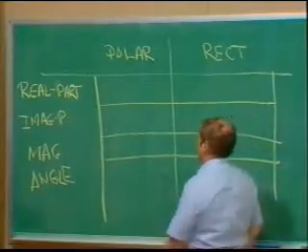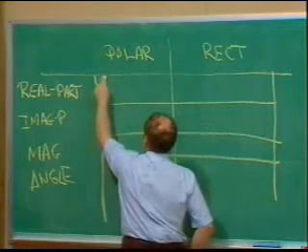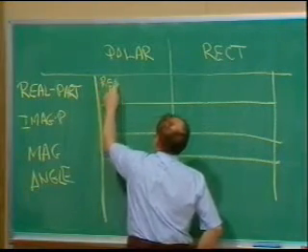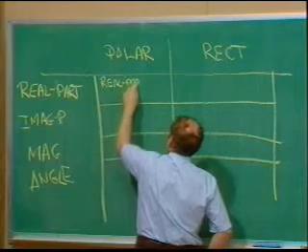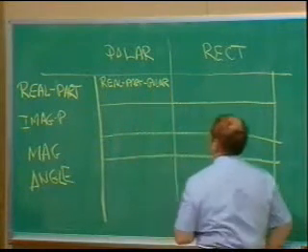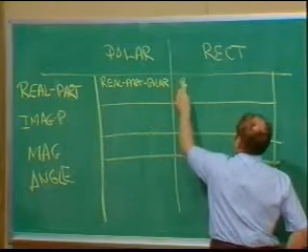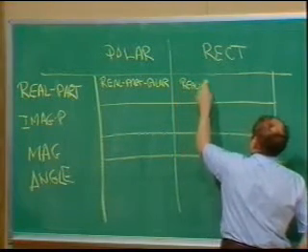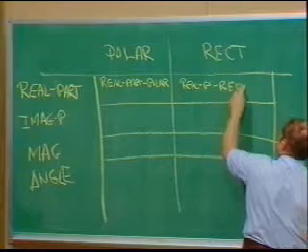So sitting here for the type polar and real part is Martha's procedure, real part polar. And over here in the table is George's procedure, real part rectangular.